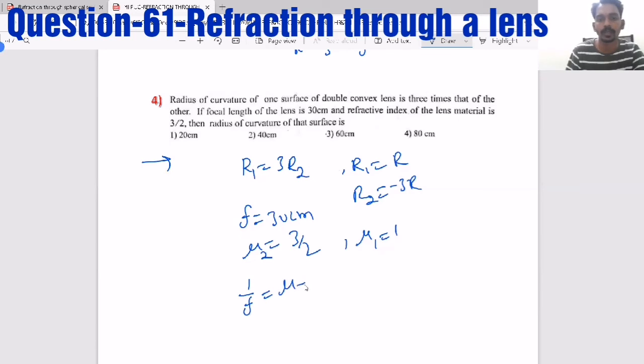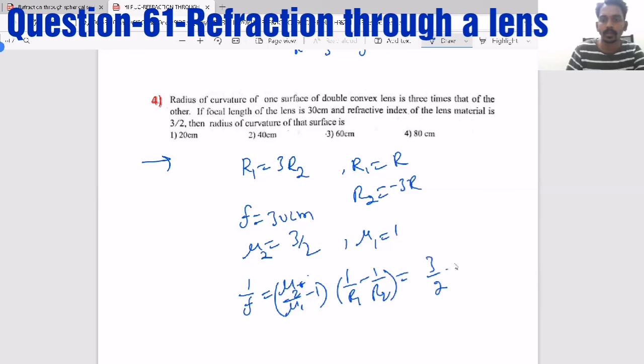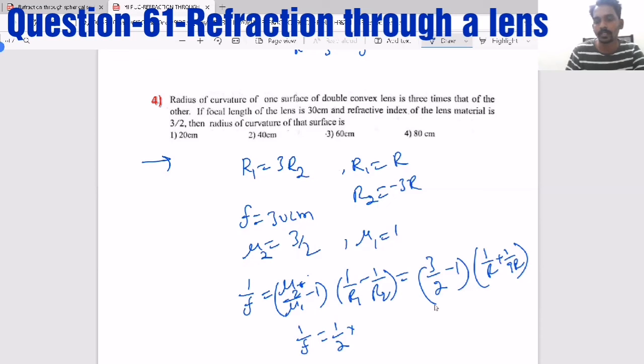So 1 by F equals (mu2 by mu1 minus 1) times (1 by R1 minus 1 by R2), which equals (3 by 2 divided by 1, minus 1). Now this is 1 by R minus of minus, so plus 1 by 3R. So 1 by F equals 1 by 2 times 4 by 3R.